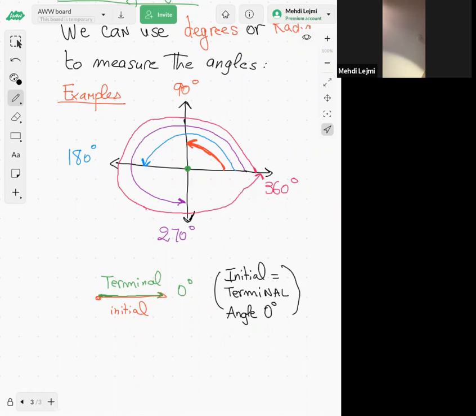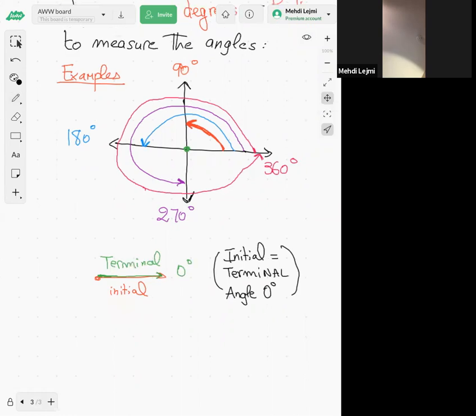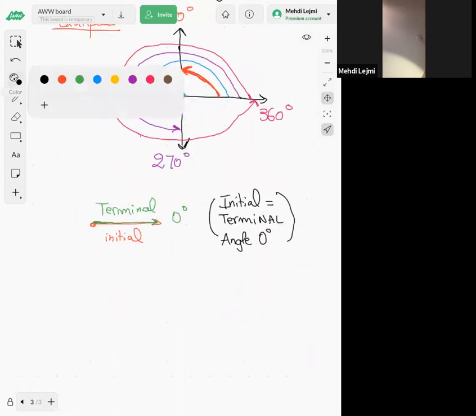Okay, guys. Now, as I said, you can measure angles using degrees or radians. What's the relation between radians and degrees? Actually, 360 degrees, a full rotation, is 2 pi radians.